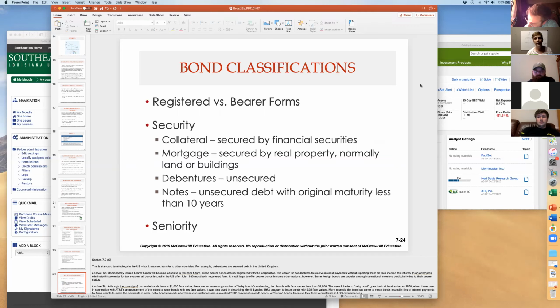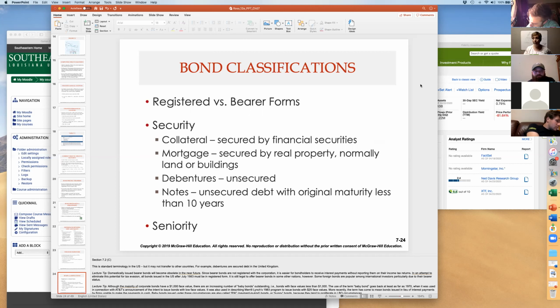The company then replies back with your coupon. So if you lose the coupon book, you lose all your coupons, right? So whoever bears the coupon is the owner of the bond. And so they're far more risky, right? In the US, we only have registered bonds unless they are 270 days or less in maturity.